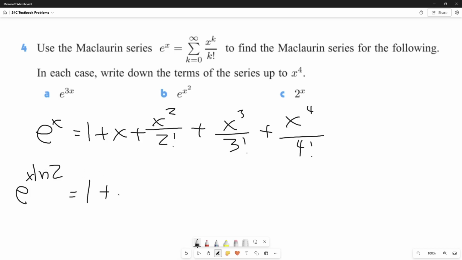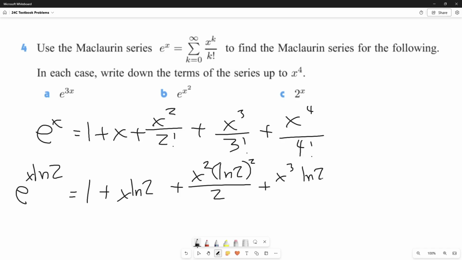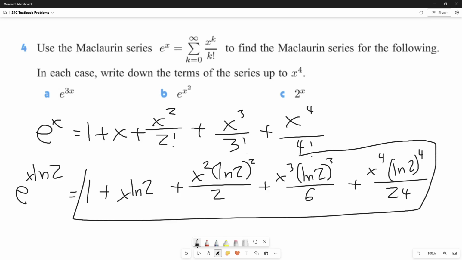So 1 plus x ln 2 plus x squared ln 2 squared over 2 plus x cubed ln 2 cubed over 6 plus x to the fourth ln 2 to the fourth over 24. So that's your answer for part C.